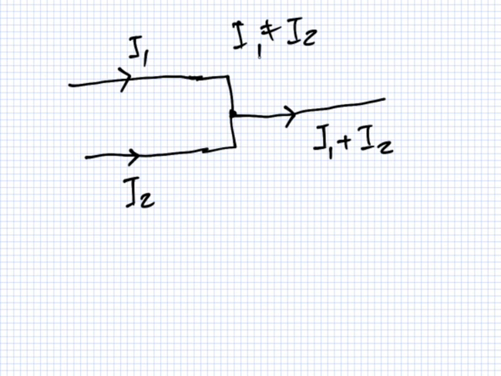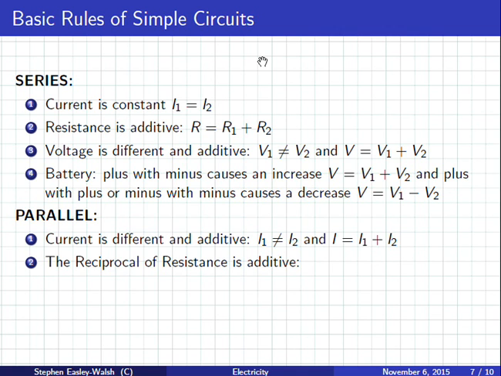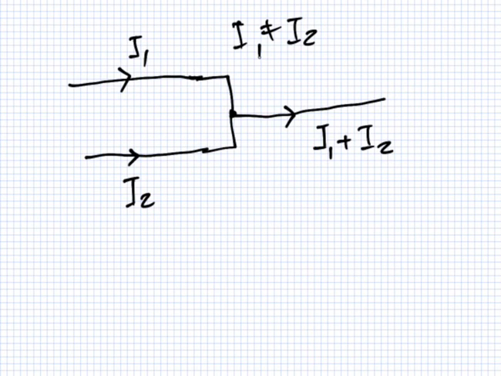Okay, next. Voltage is different and additive. So let me explain that one. For example, here, you're talking all of them in series. So here is a voltage on a voltmeter, we'll call it V1.